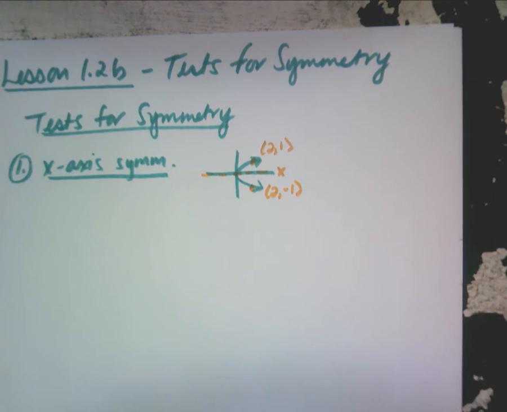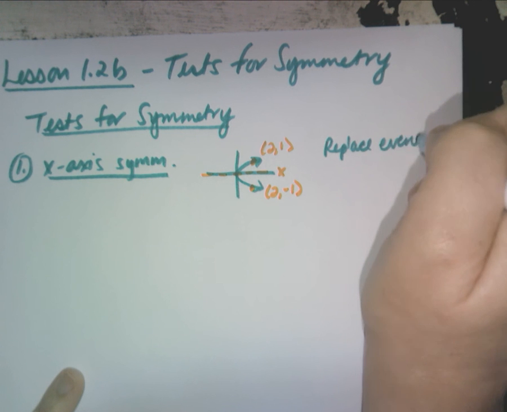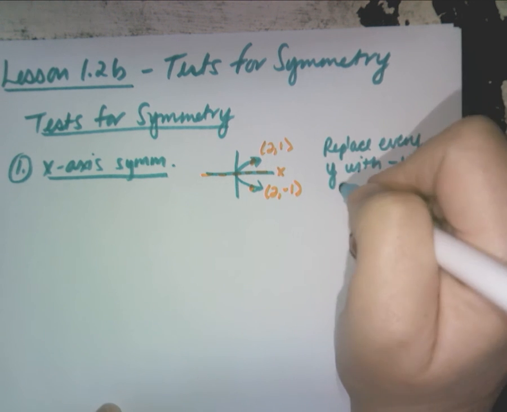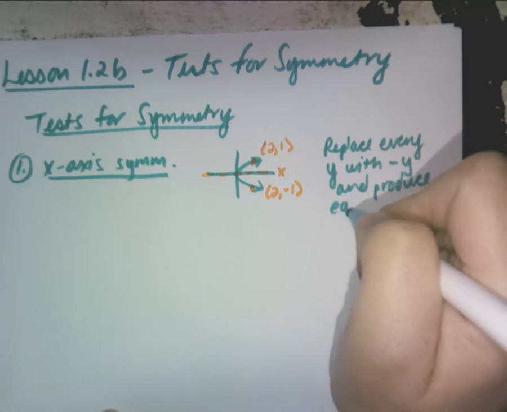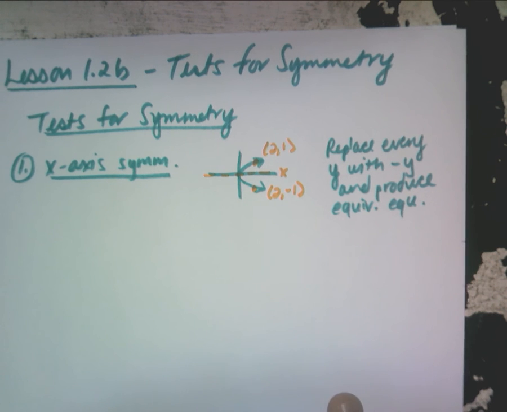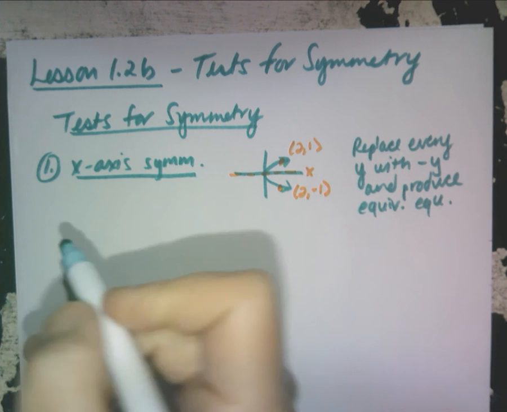If you have x-axis symmetry, you are going to replace every y with a negative y and produce an equivalent equation. If you don't understand what that means right now, don't worry. We're going to do examples in a minute. I just want you to write this down.